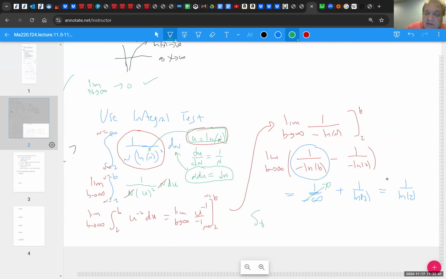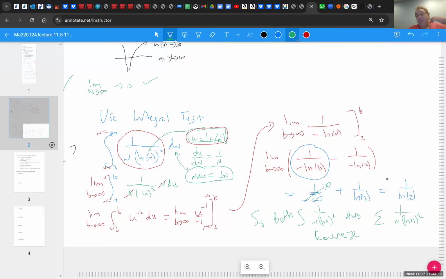So that means the integral of 1 over n ln n squared converges. But the integral test says if the integral converges, then so does the original series. So both the integral and the summation do the same thing. They both converge.